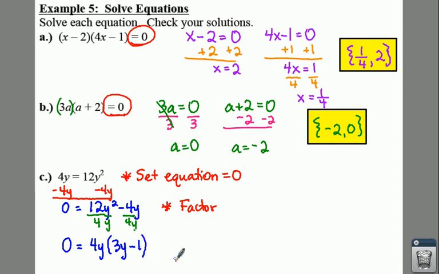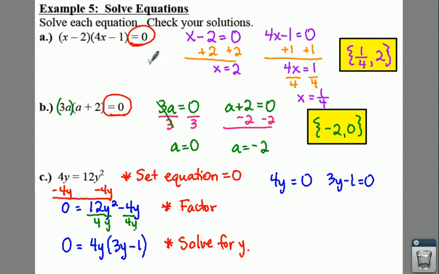So finally, we are going to solve for each factor. We're going to have 2 equations, just like we did up here in A. Notice how this is set up very similarly. We're going to set 4y equal to 0, and we're also going to set 3y minus 1 equal to 0.